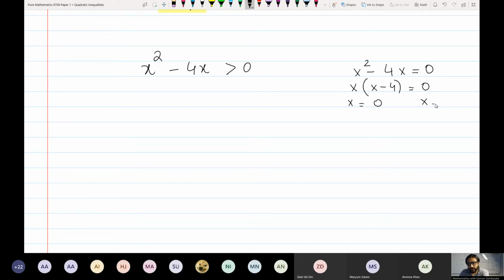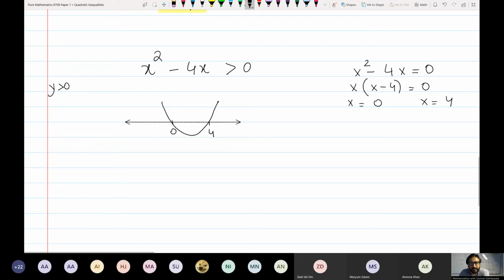The roots are 0 and 4. Make a number line. Plot the roots. Consider the shape. X squared is positive. It's a minimum curve like that. What does it need? It needs y greater than 0.